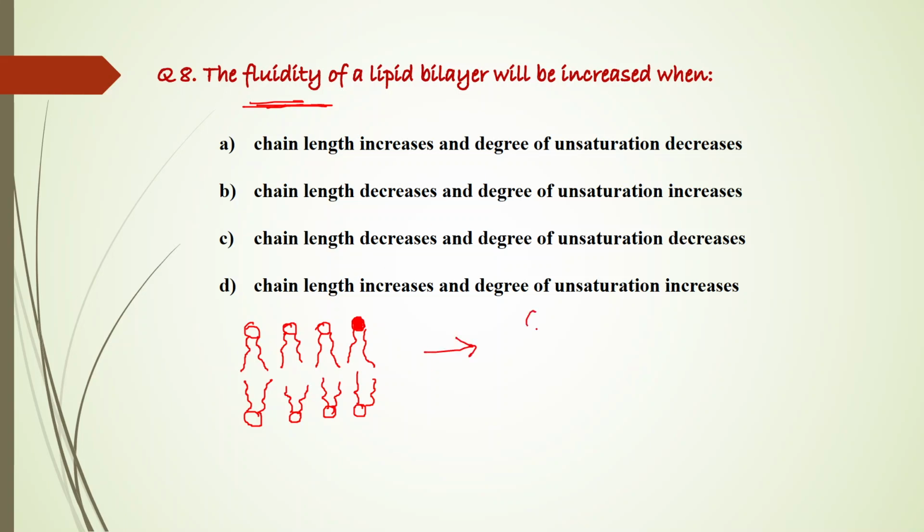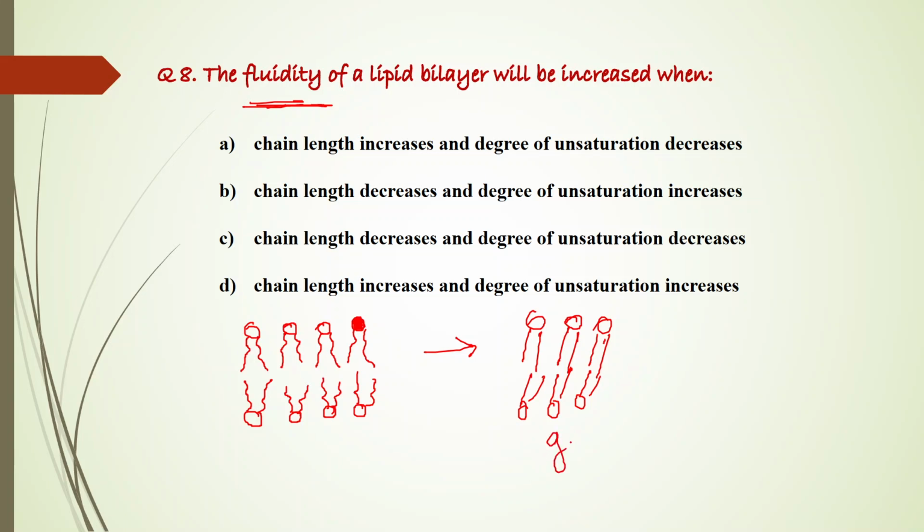One is a highly arranged gel state. Already from the picture you can see that this is a highly ordered, crystalline kind of state. Everything is pretty much ordered.